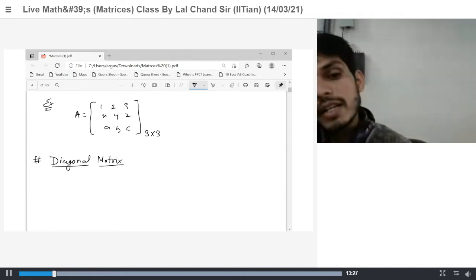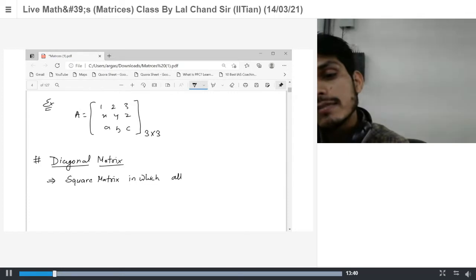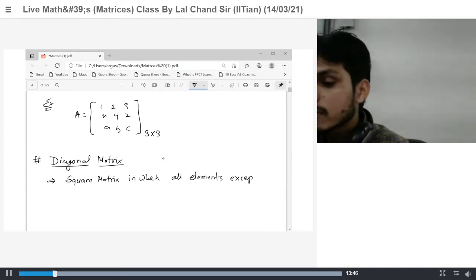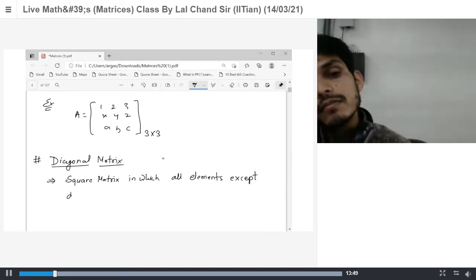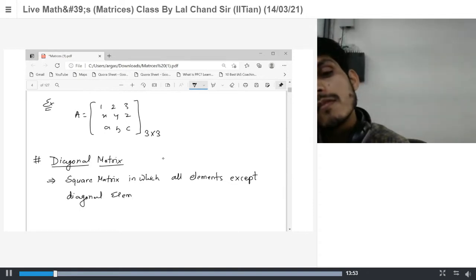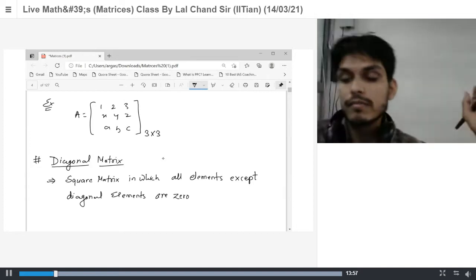It is a type of square matrix first, in which all elements except diagonal elements are 0.